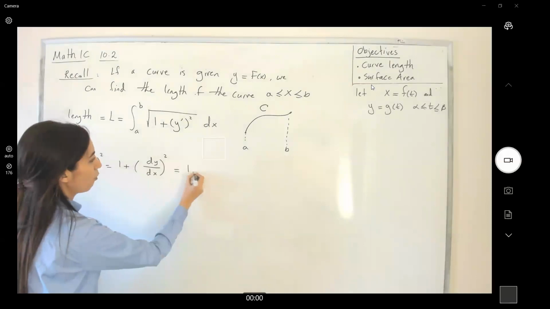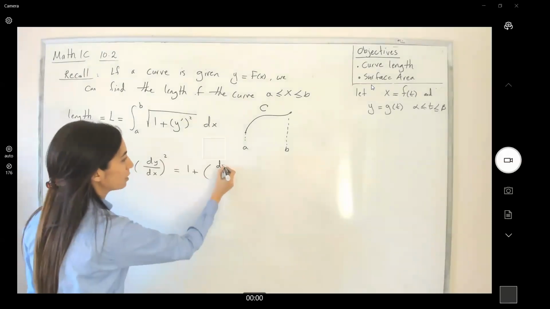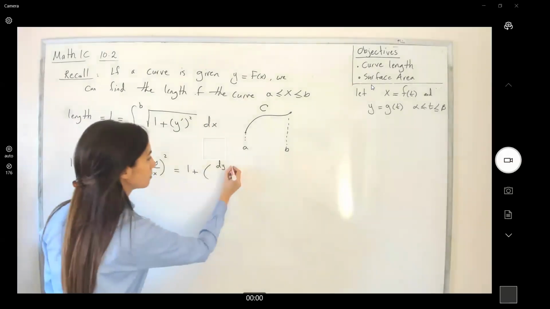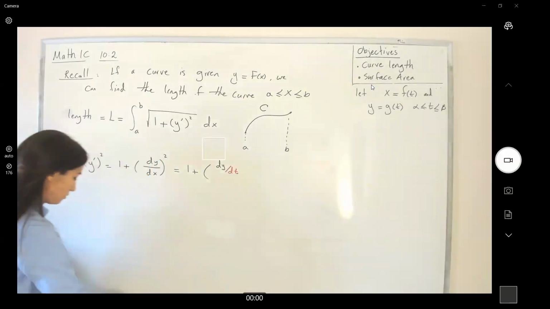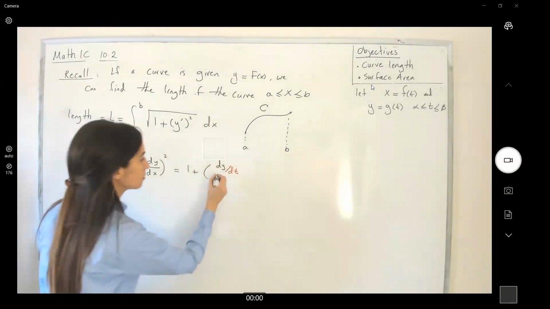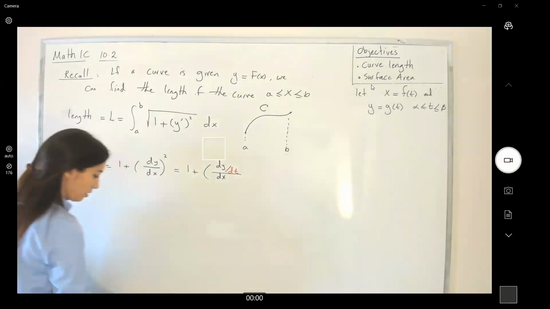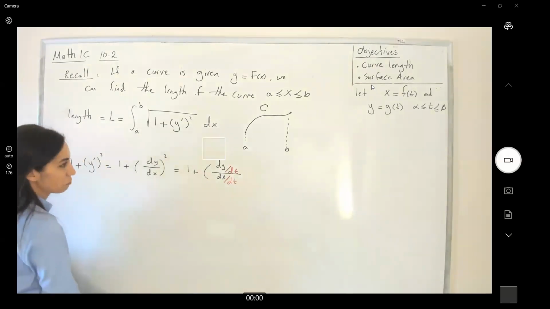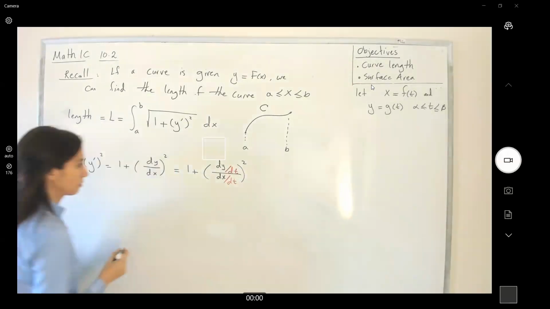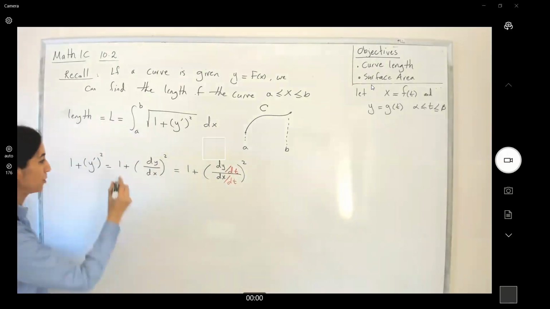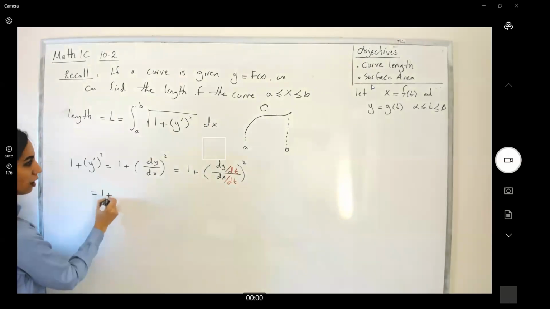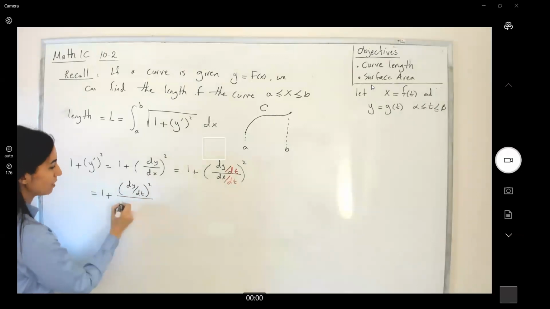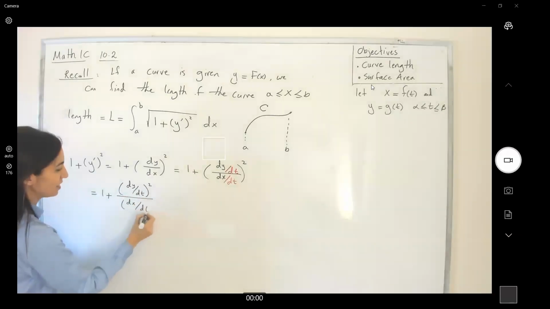So here I get 1 plus dy over dt divided by dx over dt. Well, it has exponent 2, so I'm going to raise it to 2. Now, pure algebra. Here we have 1 plus dy over dt squared over dx over dt squared.